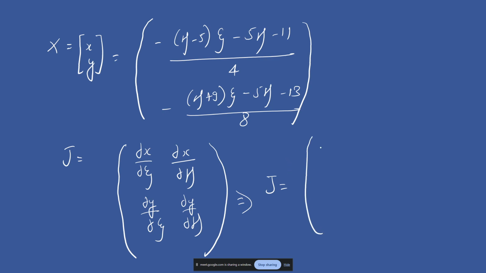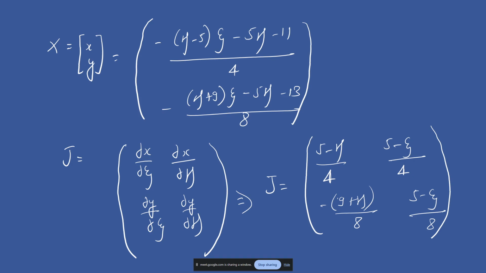So the Jacobian which you have is 5 minus eta by 4, 5 minus xi by 4, minus 9 plus eta by 8, and then 5 minus xi by.